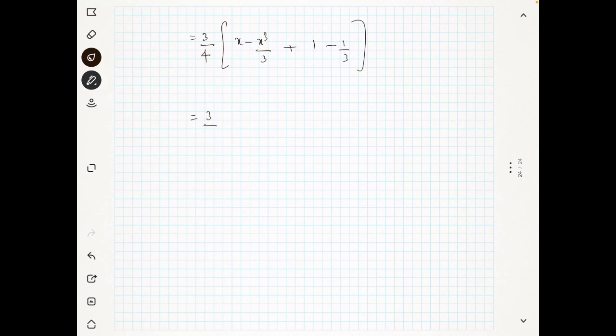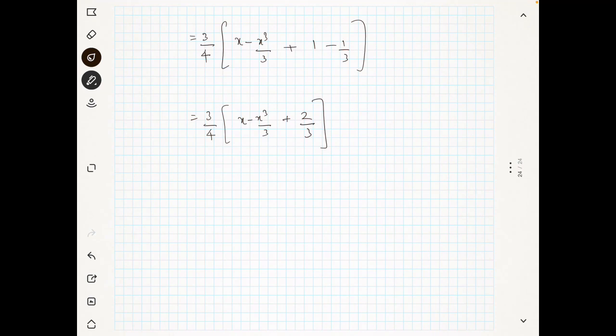So this becomes 3/4 into x minus x cube by 3 plus 2/3. Okay, 1 minus 1/3 is 2/3. So this is the CDF of this curve. Okay, you will get it as like this.